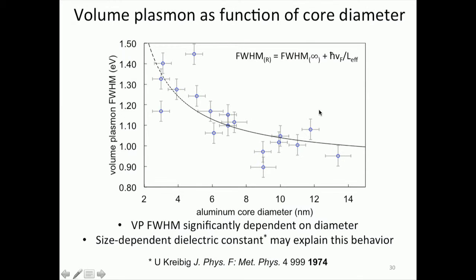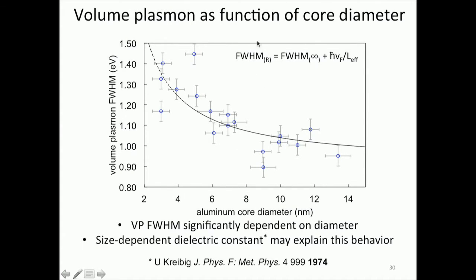And one way to model that is that we use a size-dependent dielectric constant to explain this behavior. By using the size-dependent dielectric constant outlined in this paper here, we have a standard formula in plasmonics.